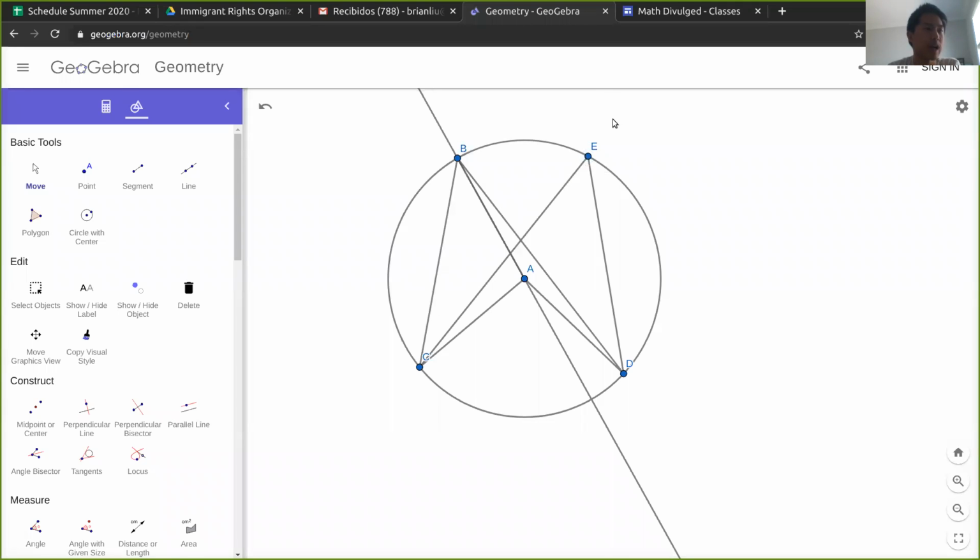If E was outside the circle, then the angle E would be less than angle B. So the only way that we have angle E equal to angle B is if they're on the same circle. So this is an if and only if. So this is a fundamental property to show that four points lie on the same circle.